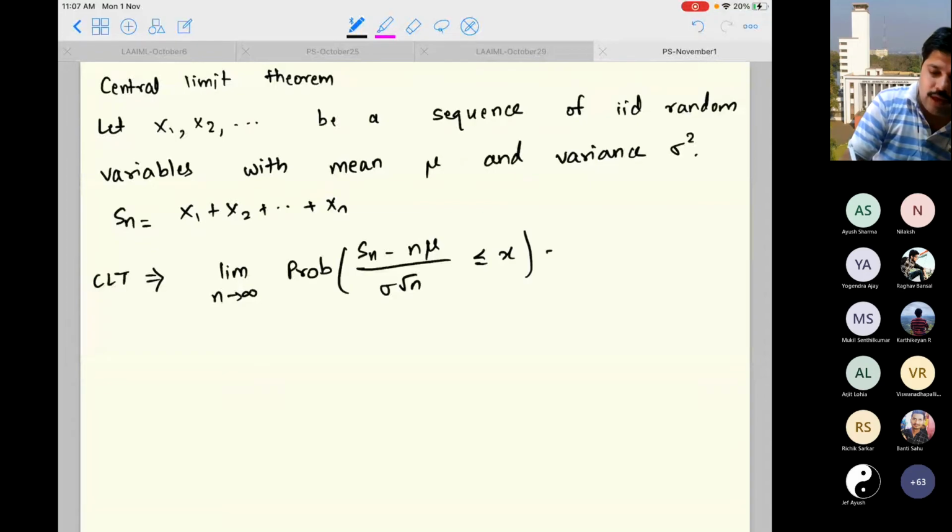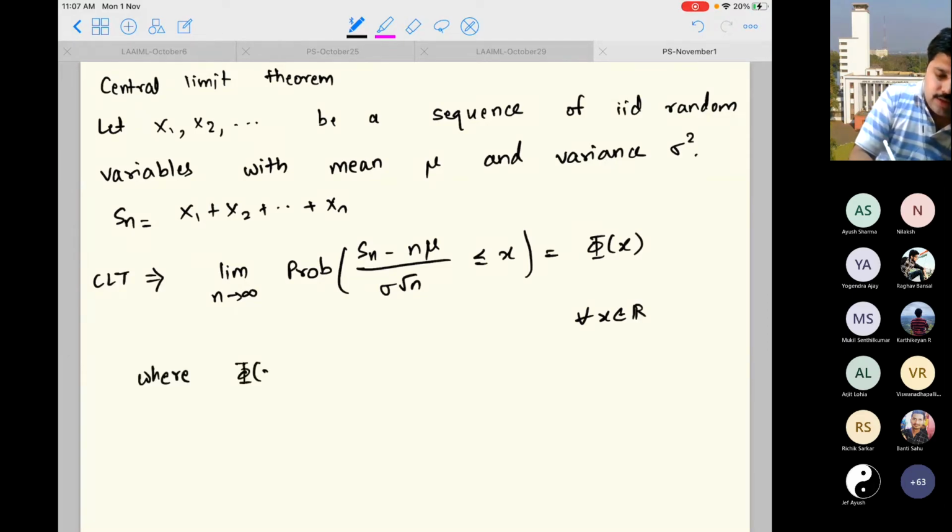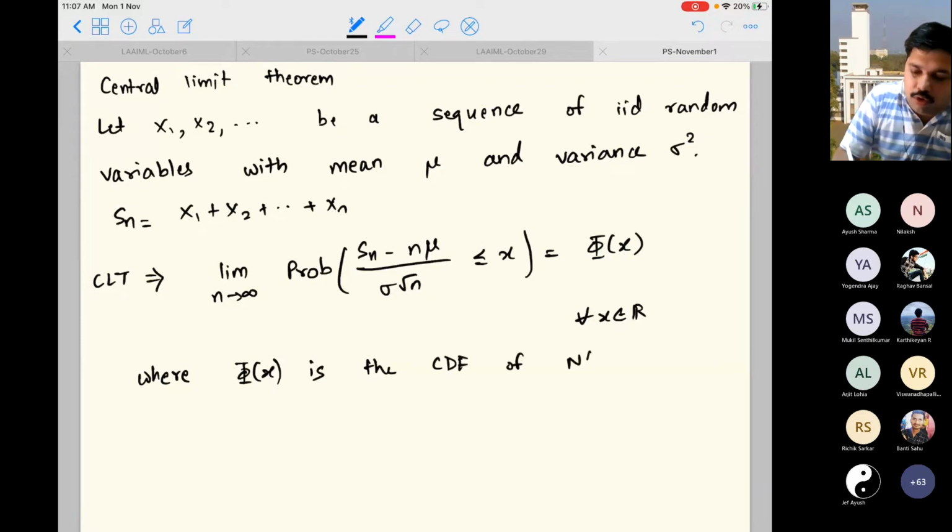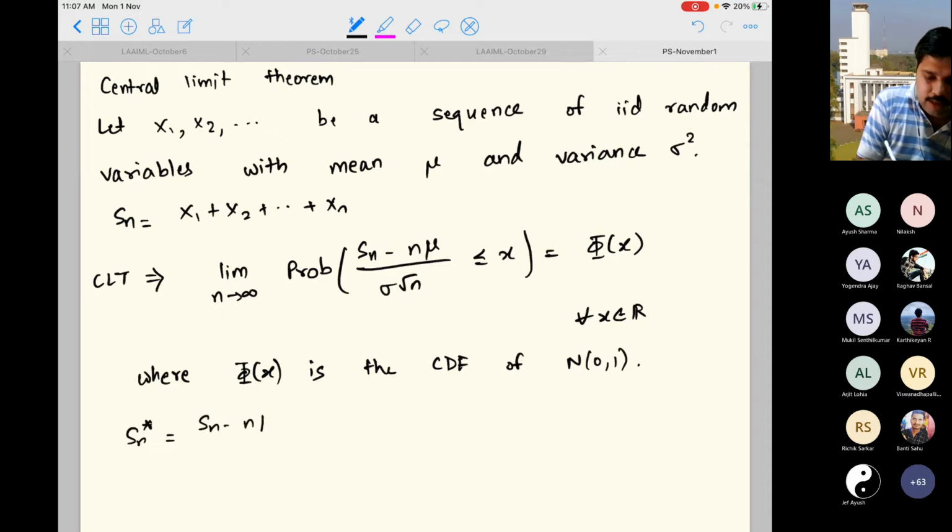This less than or equal to x is equal to phi x, okay, for every x in R, where phi x is, what is phi x? Phi x is the cumulative distribution function of normal 0, 1, standard normal random variable. Okay, so this is what it is. So we will call this Sn star to be equal to Sn minus n mu divided by sigma into root n, right? So this is the standardized thing.